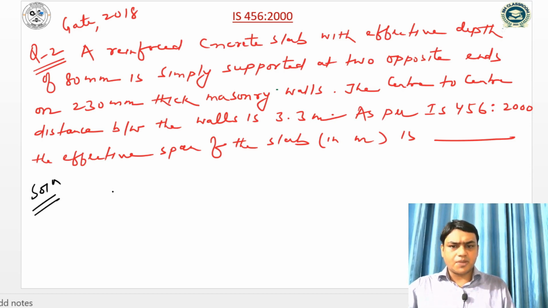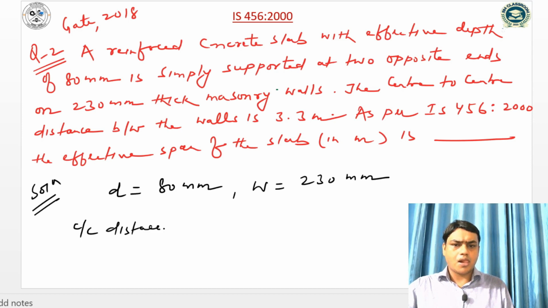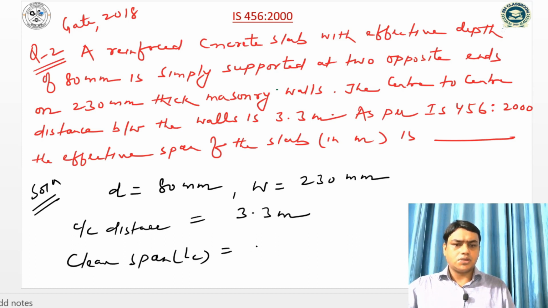The effective depth is given in the question, it is 80 mm, and the width of the support is also given, small w equal to 230 mm, and the center to center distance L is given as 3.3 meter. So if I compute the clear span, clear span Lc is equal to the center to center distance between walls minus W by 2 and W by 2.